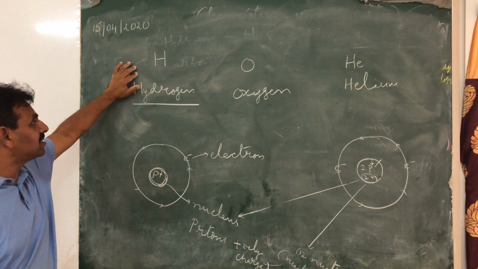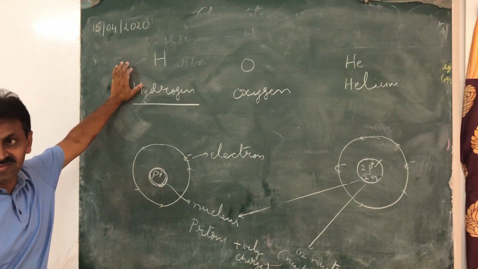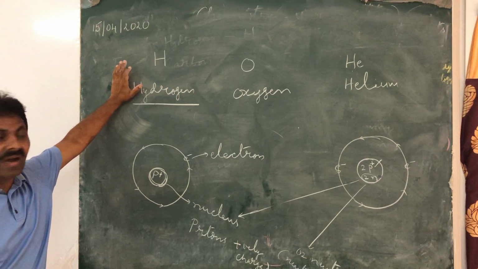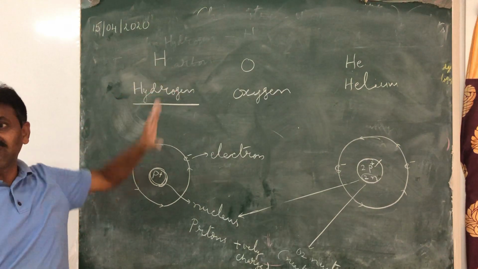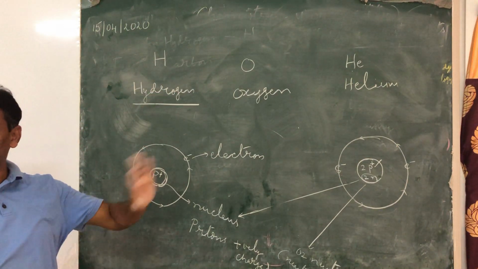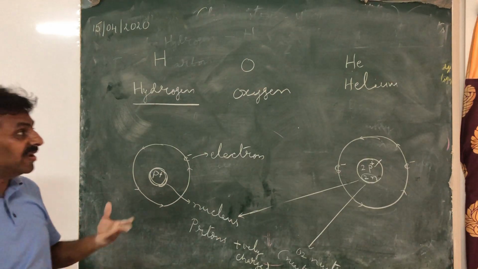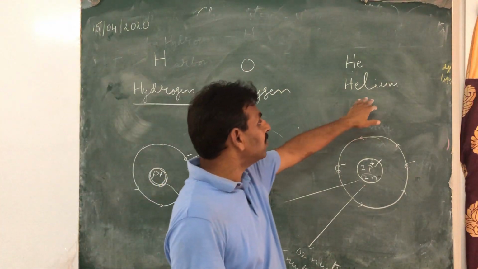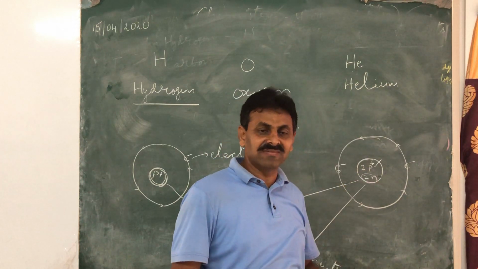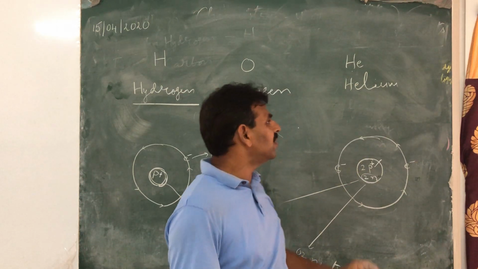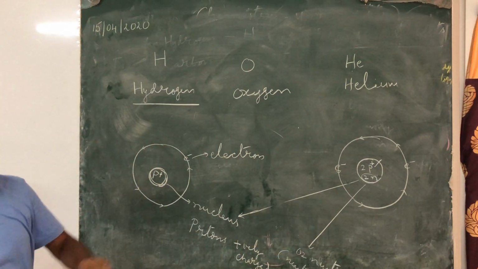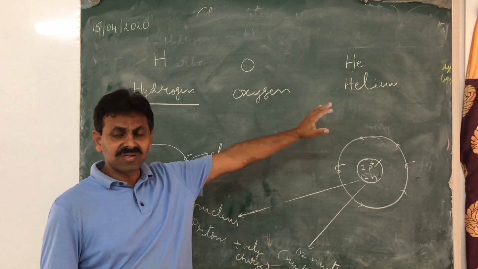Hydrogen is the lightest and highly combustible gas. Very, very reactive gas. A hydrogen bomb can be prepared for making a huge explosion. Whereas helium is absolutely less reactive. Even if you do anything to helium, it doesn't react. It is so stable.